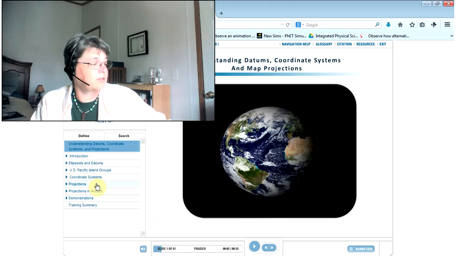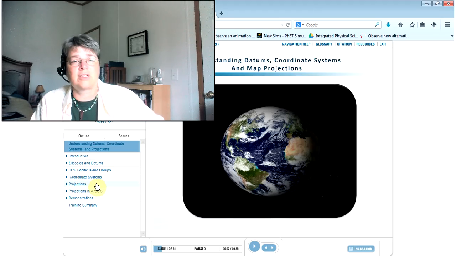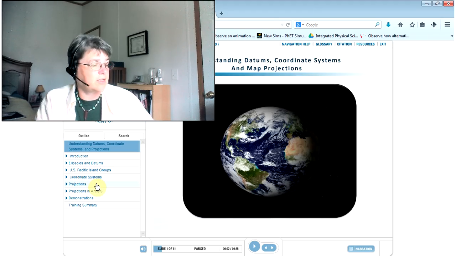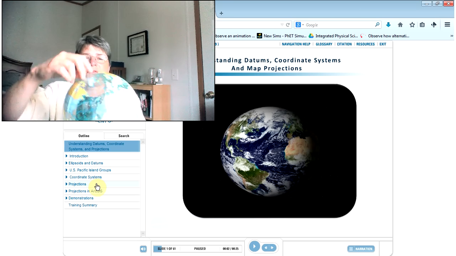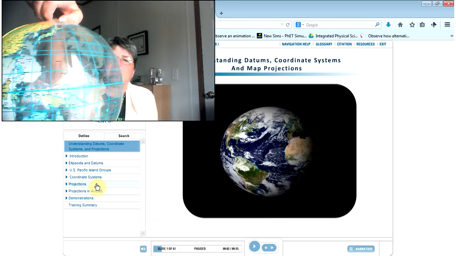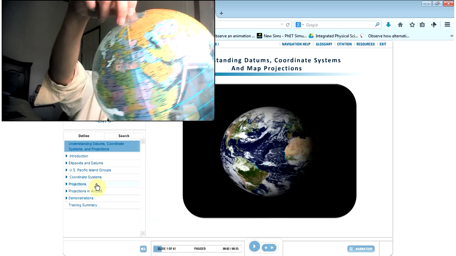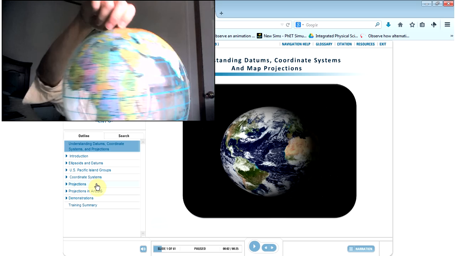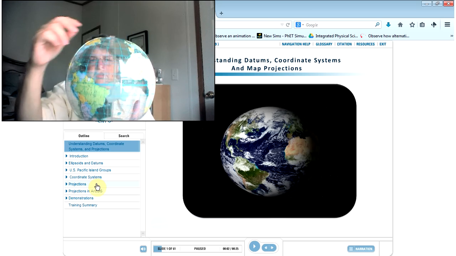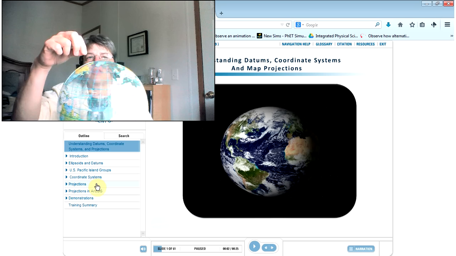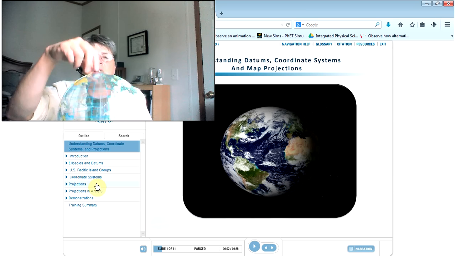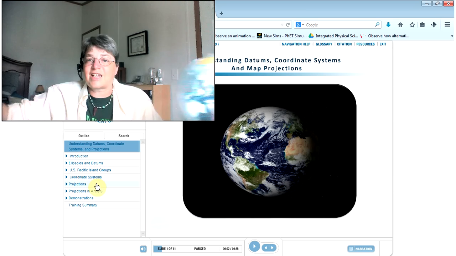And again, this NOAA exercise will give you more information about all of these things. Okay, projection. I have a clear globe here, and you can see the continents and countries around the globe, right? Imagine if I took a light bulb and put it in the middle of the globe, and it's shining out.